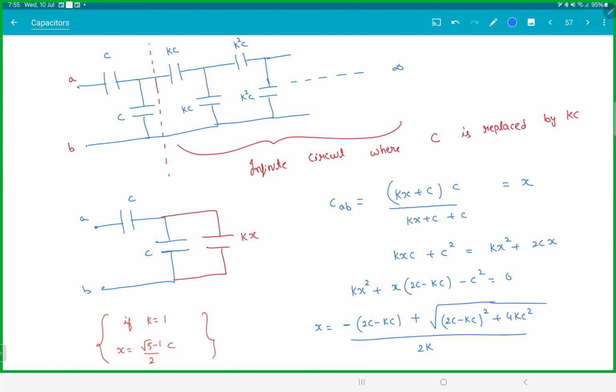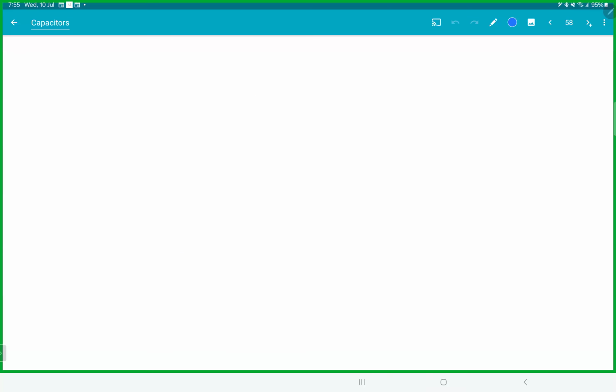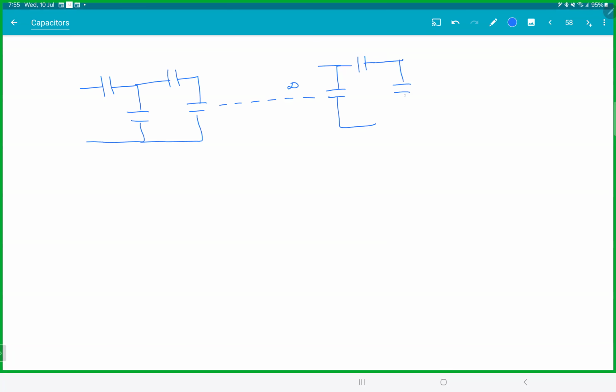Suppose I ask you like this, can you tell me how you will do this one? Let's say we have capacitor, capacitor, capacitor, capacitor going on till infinity. Then again it comes out. Capacitor, capacitor, capacitor, capacitor.